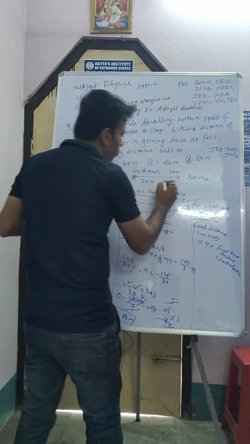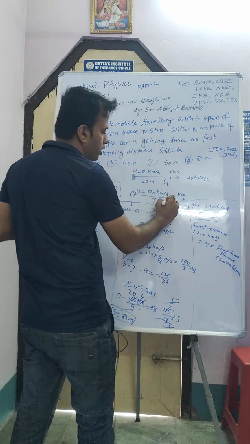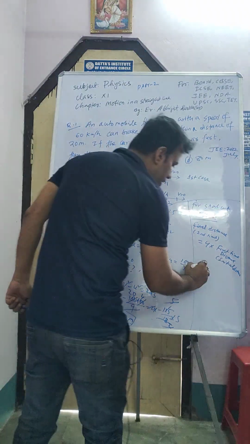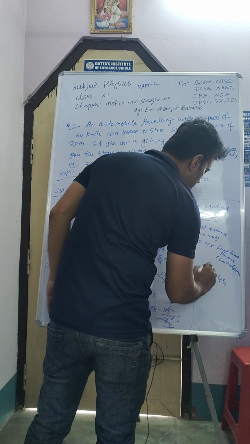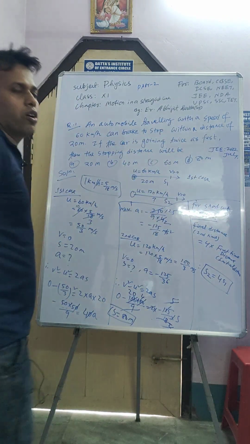If I consider the first time it travels s1 and the second time it travels s2, then in the shortcut method s2 is always equal to 4s1. You have to remember this one, s2 is always equal to 4s1.